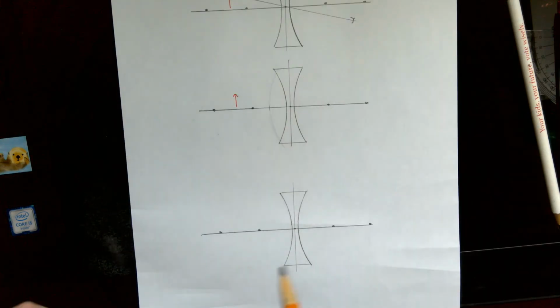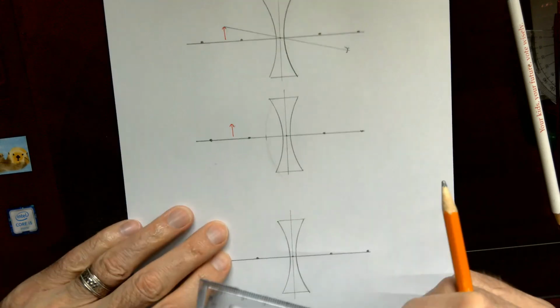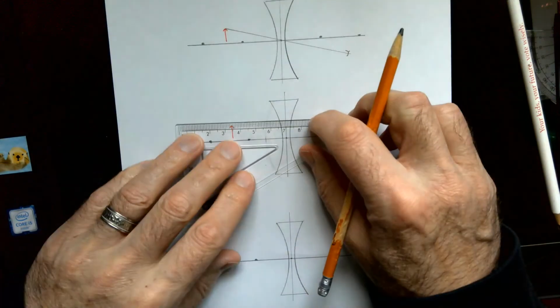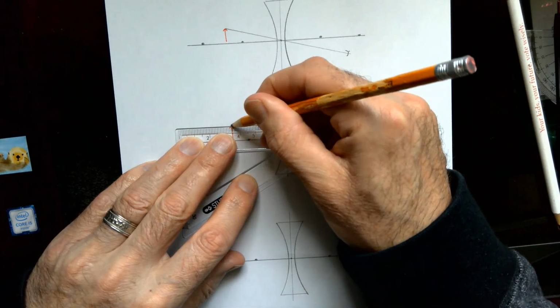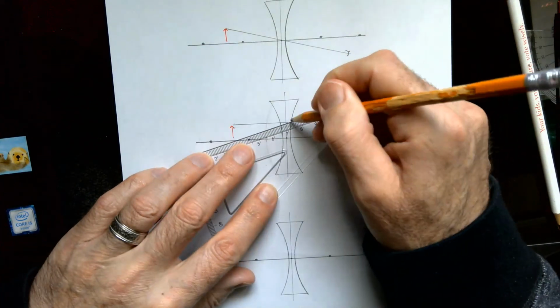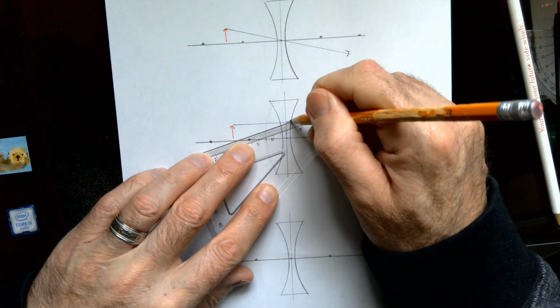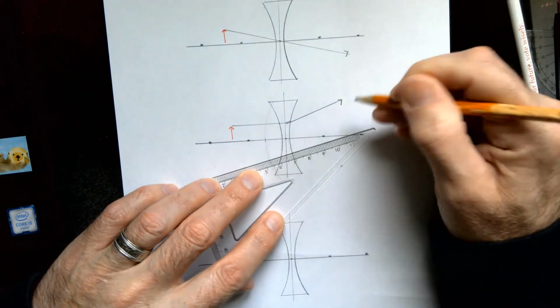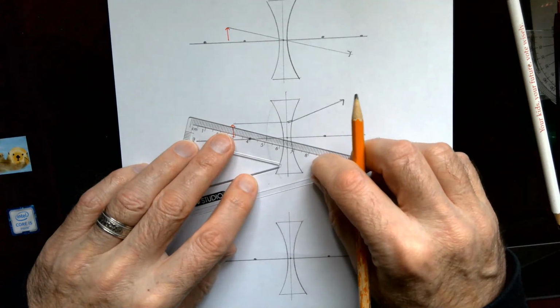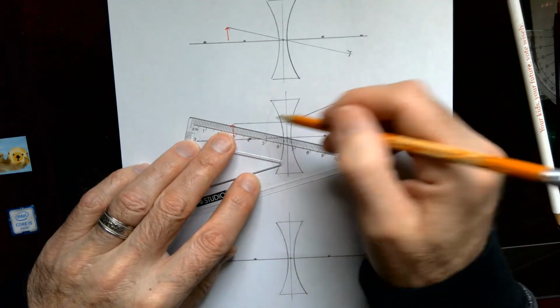So let's do a full drawing here, and we're going to see something interesting occur. So I'm going to go straight across, and I'm going to go away from F, and I'm going to go straight through the middle.